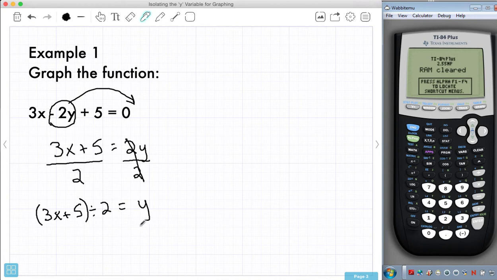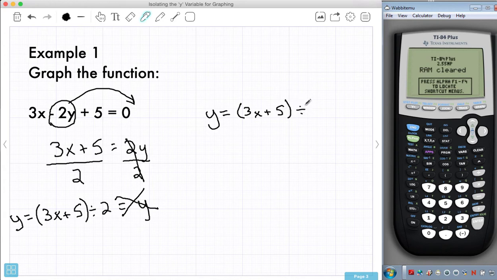Now you might notice technically this does not say y equals, it says equals y. That's quite alright, as if you've got the y isolated, meaning by itself on one side of the equation, you can write it on either side. That is irrelevant.